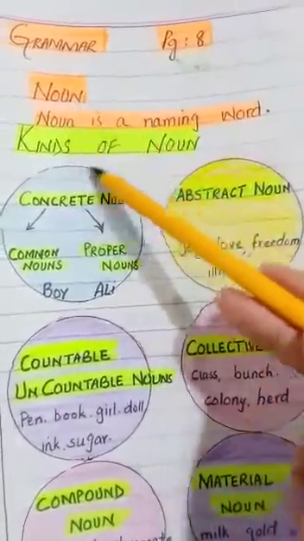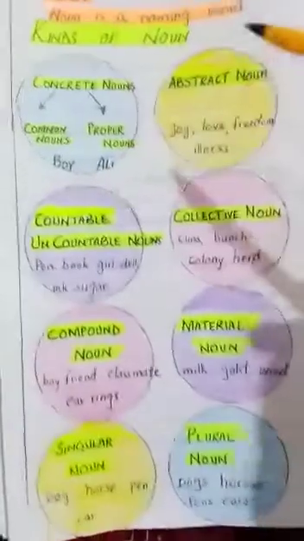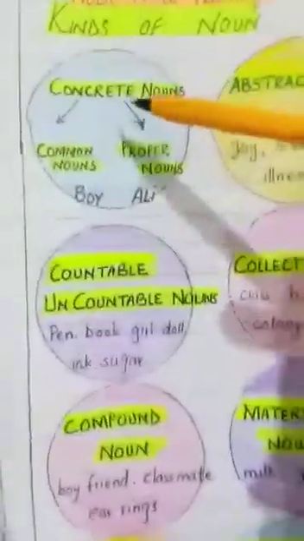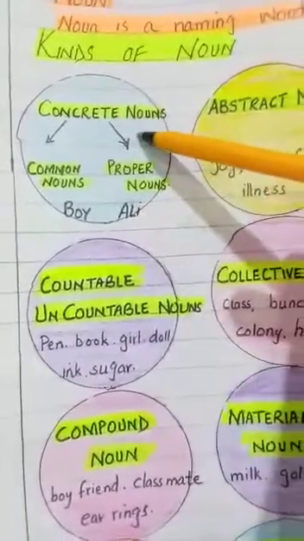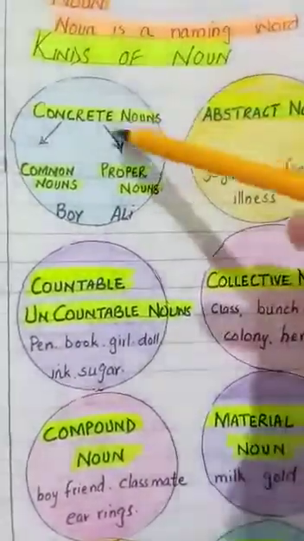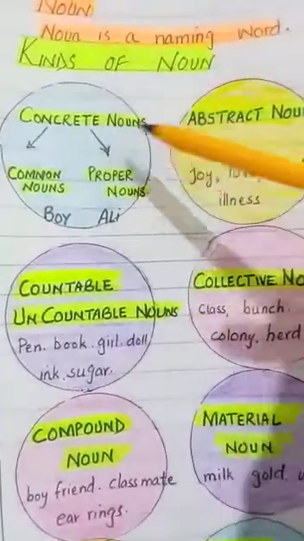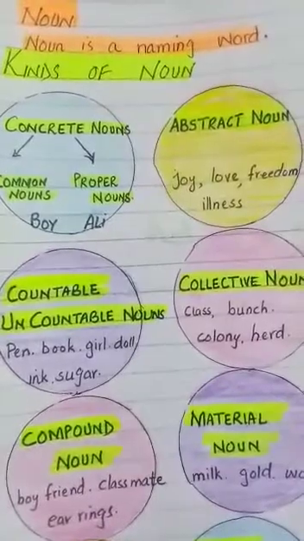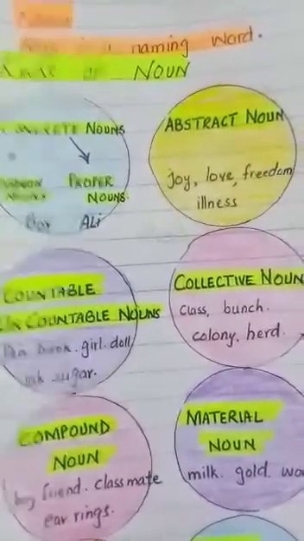Kinds of noun: you can see here 8 circles with different kinds. Number 1, concrete noun, and number 2, abstract noun. They are opposite to each other.